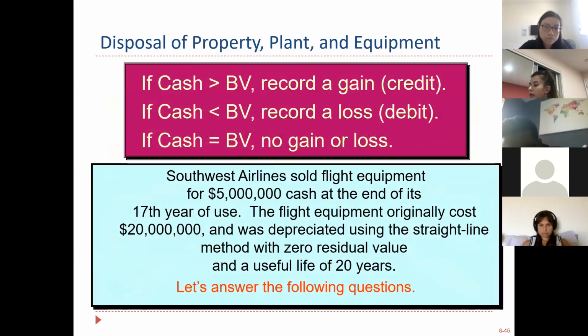Oh, here it is. I skipped that. I'm sorry. Southwest Airlines sold equipment for $5 million. The equipment originally cost $20 million and was depreciated using straight line. So it's $1 million a year.